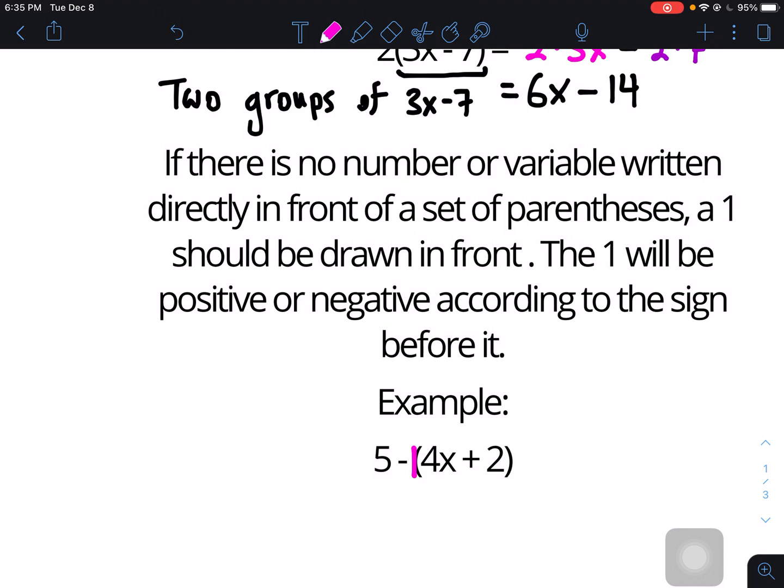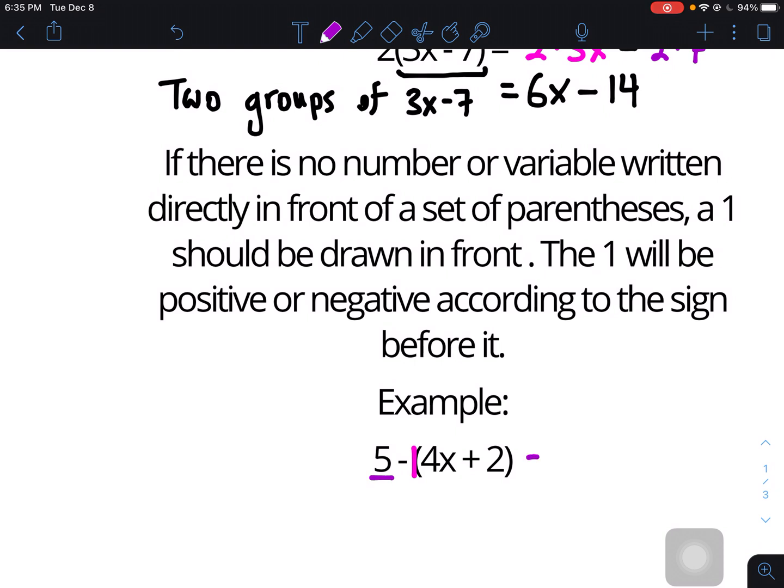Multiplying by 1 does not change what the original number sentence was. People just don't write it sometimes because you don't need to. Multiplying by 1 is just the same as whatever it was before. But in this case, it'll help us distribute.